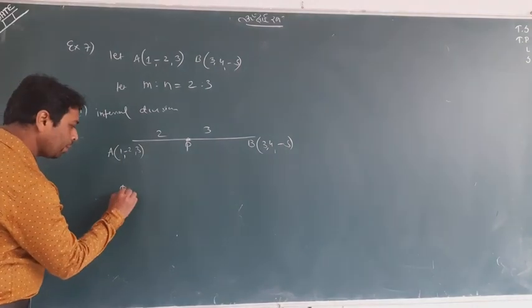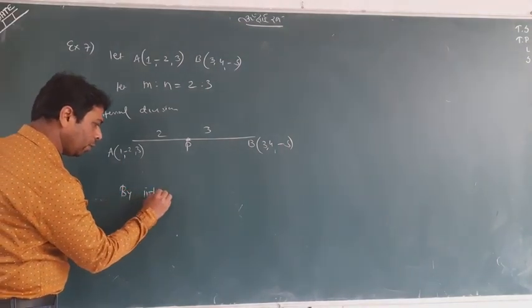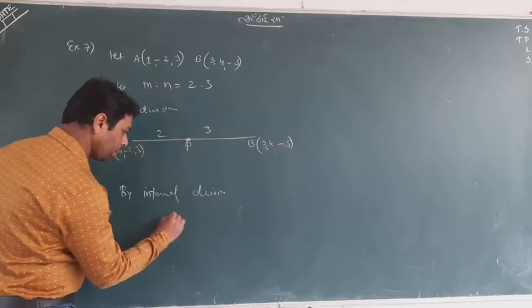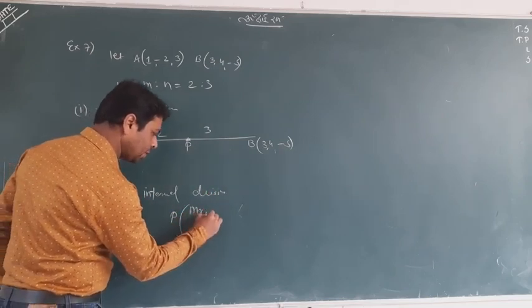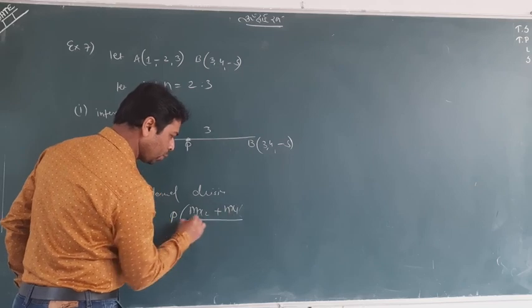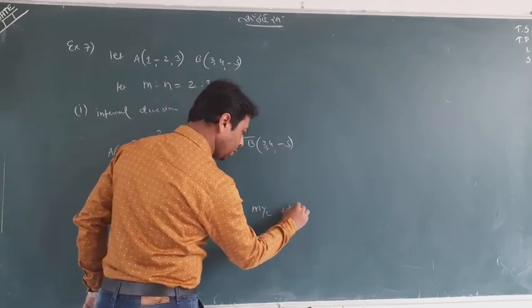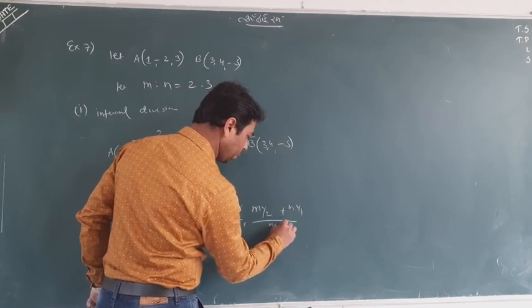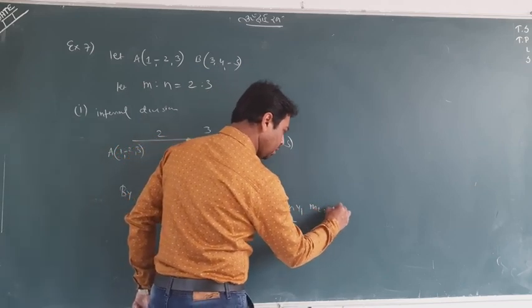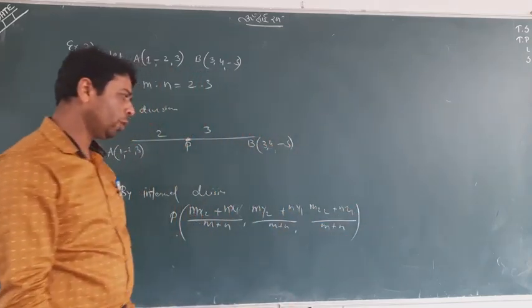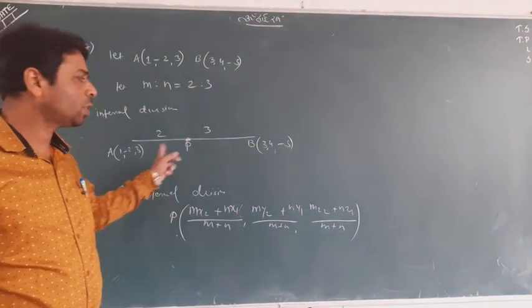By internal division I write the formula only. In the internal division, P is (mx2 plus nx1) upon (m plus n), (my2 plus ny1) upon (m plus n), (mz2 plus nz1) upon (m plus n). I don't want to compare anymore which is x1, y1, z1 and which is x2, y2, z2.